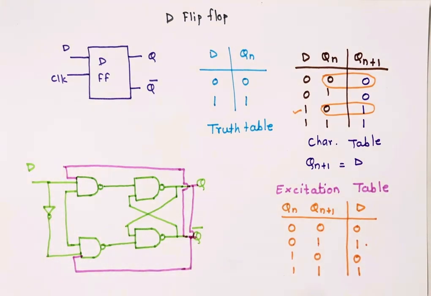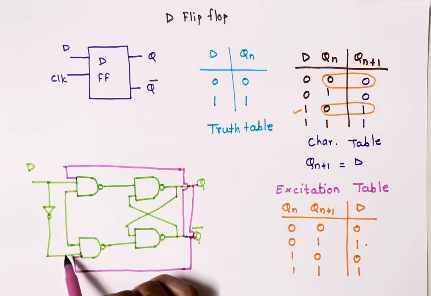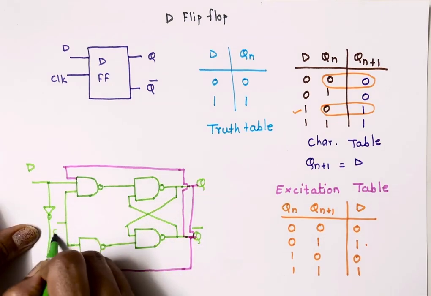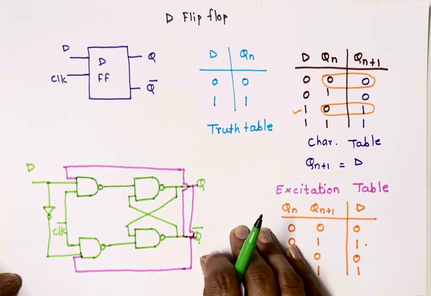So in this way, simply by connecting an inverter between the two inputs of SR flip-flop or JK flip-flop, and this is our clock input. This is our clock. We can convert SR or JK into D flip-flop.